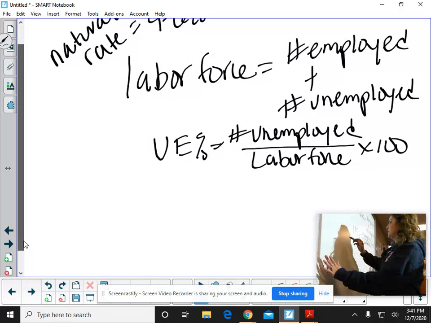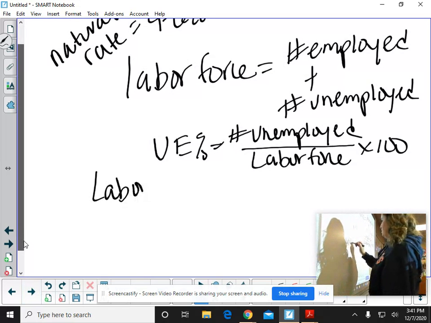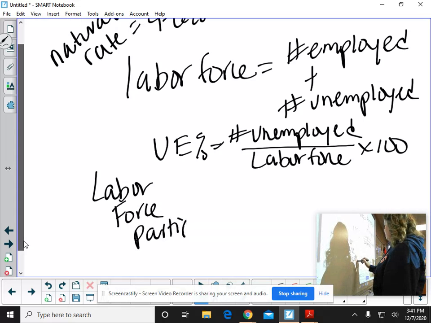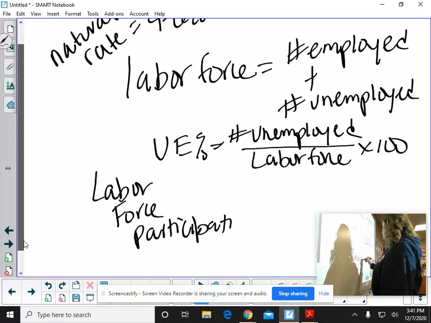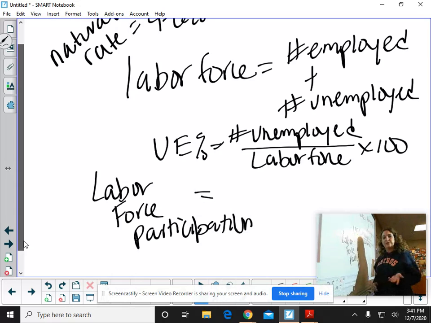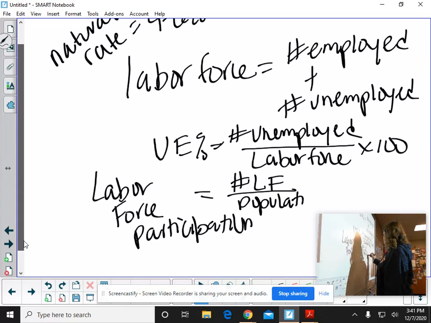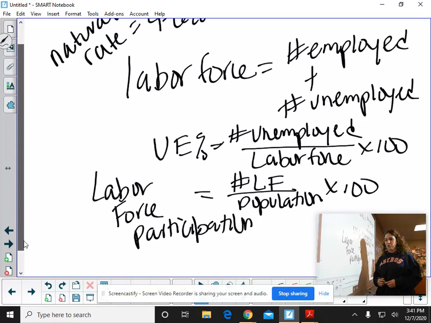And then there's also the labor force participation rate. A labor force participation rate is basically saying what percentage of the population is in the labor force. And so it's the number of the labor force divided by the population times 100. That's the labor force participation rate.